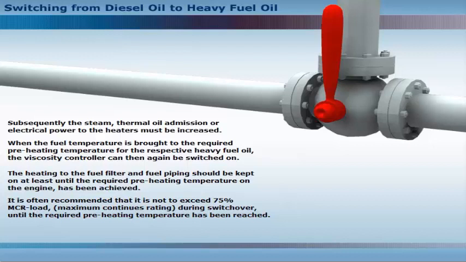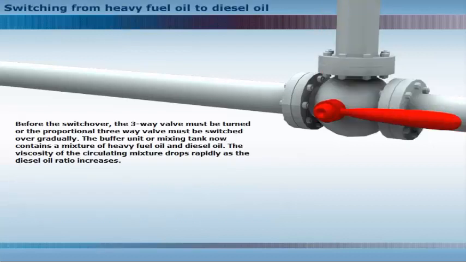It is often recommended that it is not to exceed 75% of the maximum continuous rating load during switchover, until the required preheating temperature has been reached. Before the switchover, the three-way valve must be turned, or the proportional three-way valve must be switched over gradually. The buffer unit, or mixing tank, now contains a mixture of heavy fuel oil and diesel oil.